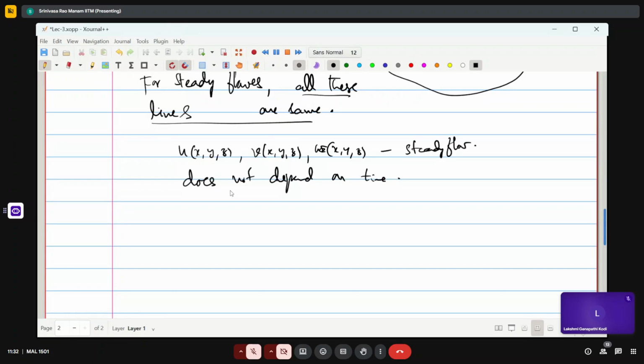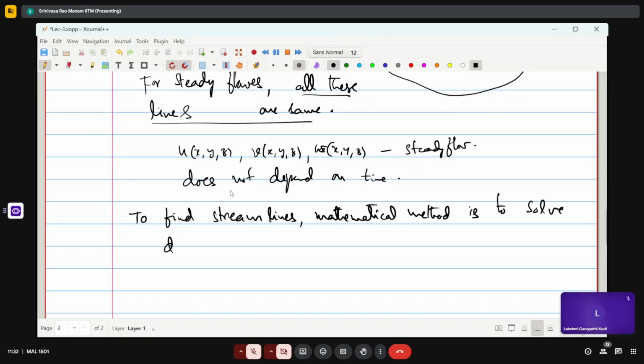To find streamlines, the mathematical method is to solve the simultaneous equations dx by u, dy by v and dz by w.